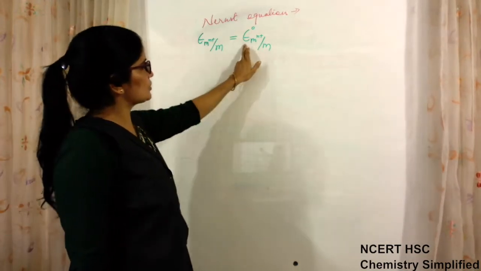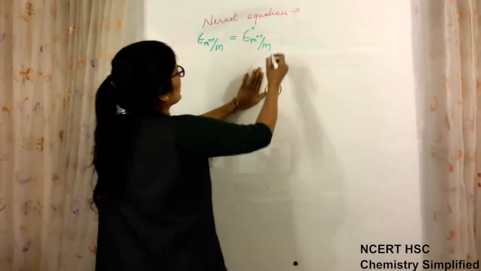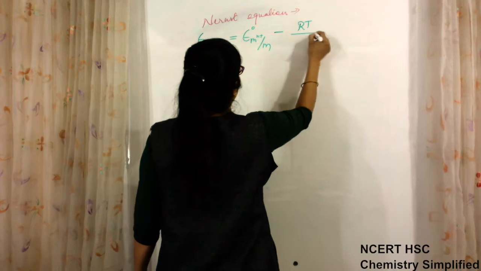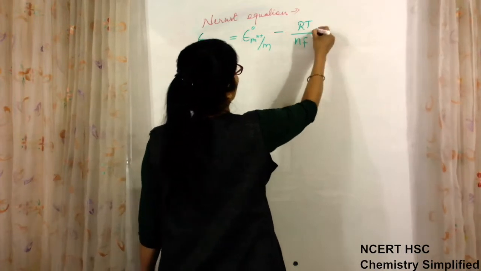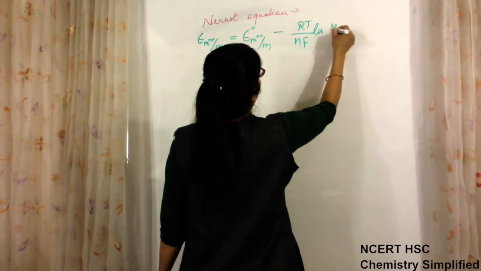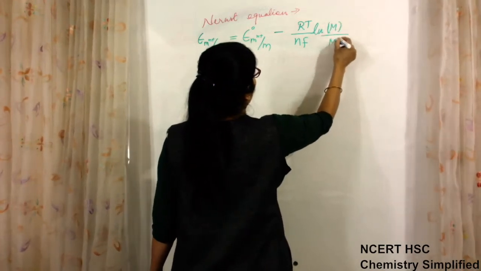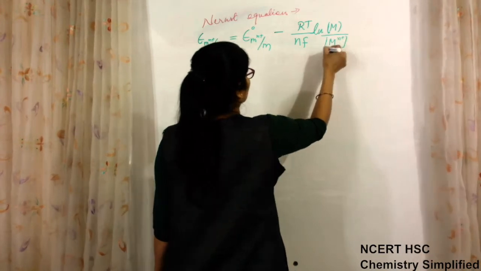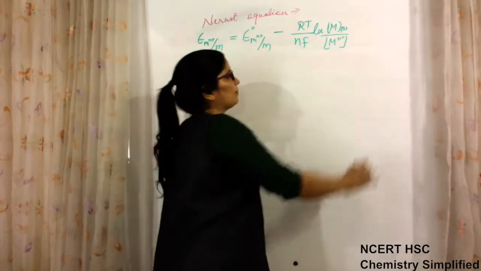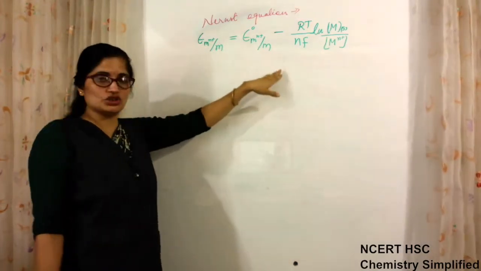So this is equal to E standard Mn positive upon M minus RT upon nF ln of concentration of M upon Mn positive, metal solid upon ions of the particular metal, because it is electrode potential, one electrode.